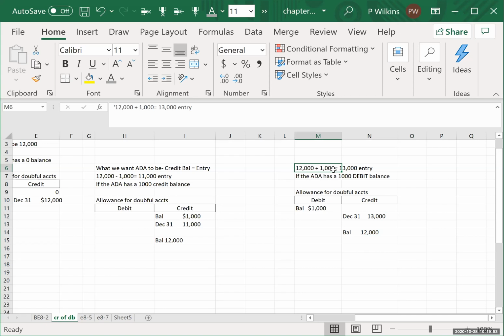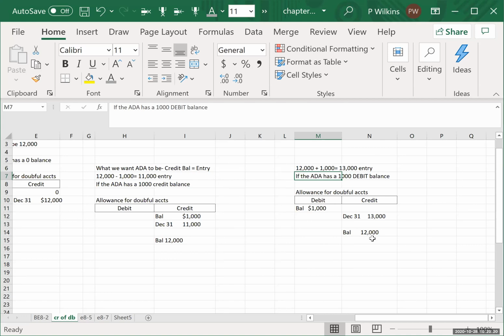So we're going to add the debit balance to what we want it to be, and that's going to give us an entry of $13,000, okay? So we are going to credit allowance for doubtful accounts $13,000. And then when we balance that account that started with the $1,000 debit, we're going to get our balance at the end of $12,000. And that is what we want.